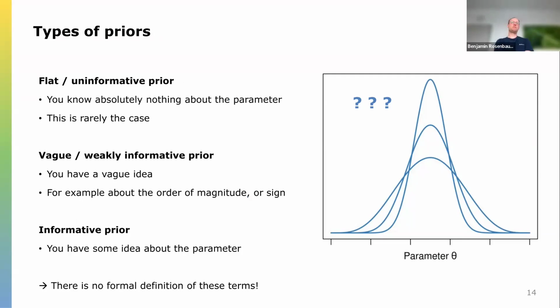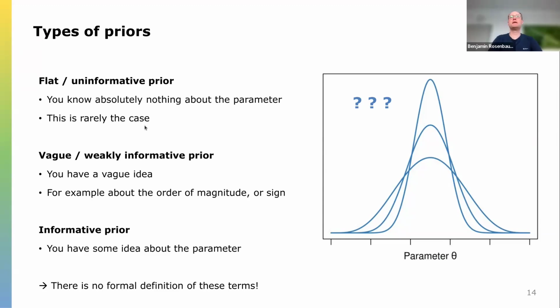I would say there's generally three types of priors, but there is no formal definition of these. The first is either completely flat or an uninformative prior. This means you know nothing about the parameter, but I would argue that this is really rarely the case.